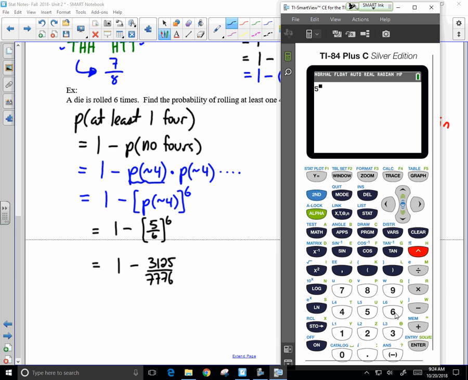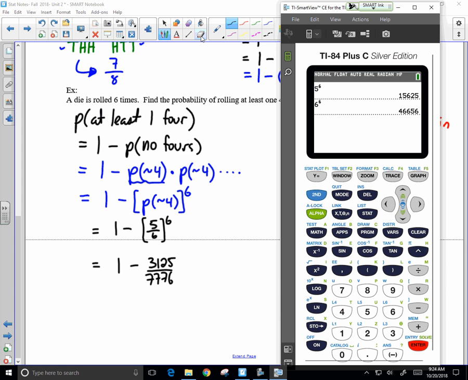5 to the 6th power. So when you're doing a fraction raised to a power, it can be tricky. Sometimes the calculator, for whatever reason, just spits back a decimal answer and refuses the math bracket. When you're finding a fraction raised to a power, just take the top and raise it to the power. Okay, not even close. And then take the bottom and raise it to the power.